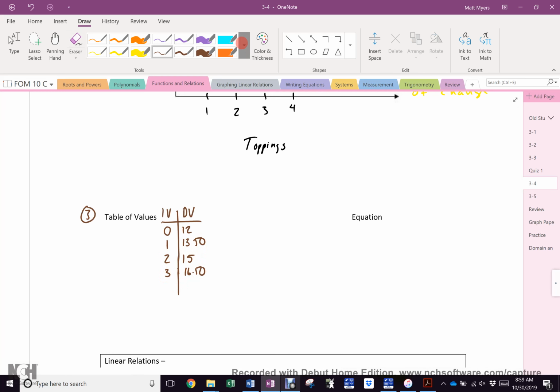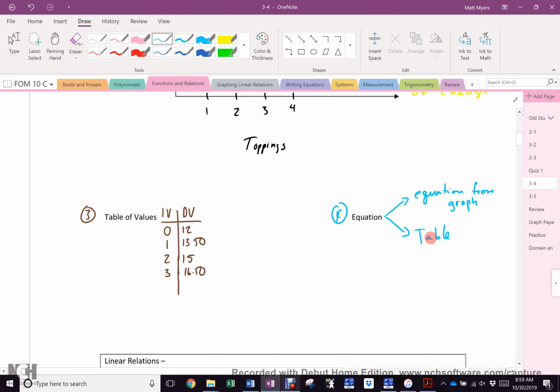And the fourth way to do it is an equation. And an equation can be gotten in two ways. We can get the equation from the graph, or we can get the equation from the table. We're going to do the graph next unit. We're going to do table right now.